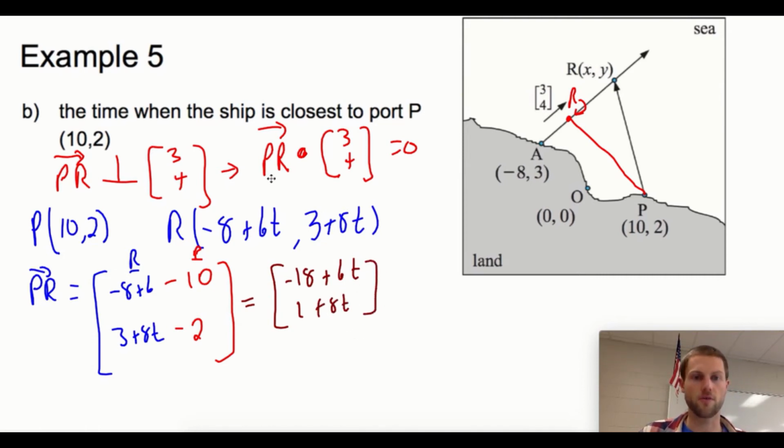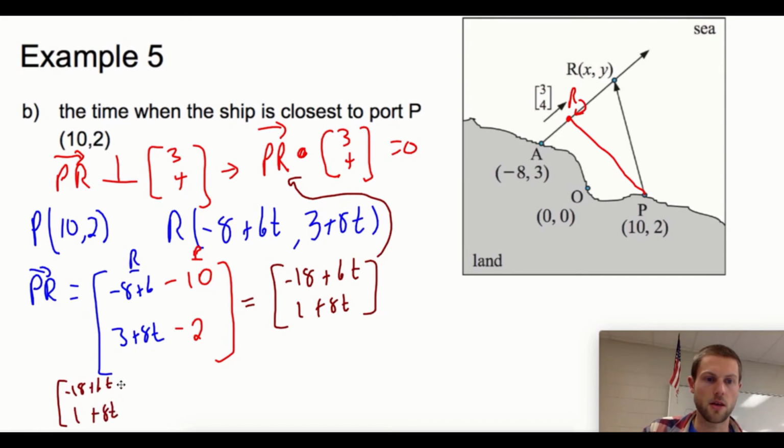I want this vector PR to dot with 3, 4, and I want it to equal 0. So now I just have an algebra problem here. So I'm going to take, let's squeeze this down here, negative 18 plus 6t, 1 plus 8t, dot 3, 4 should equal 0.